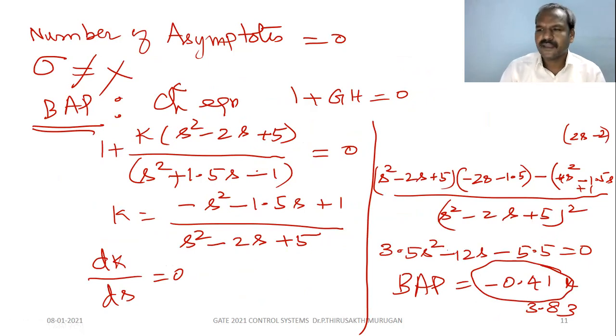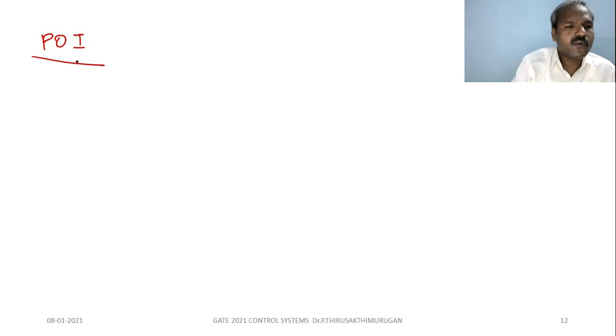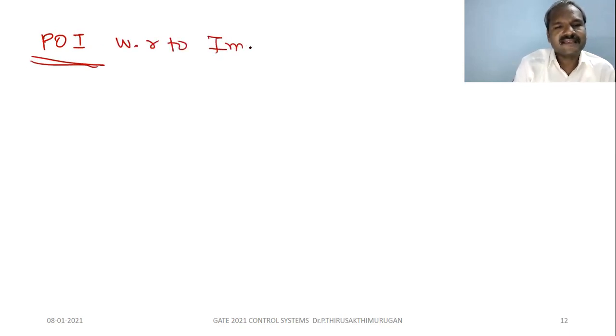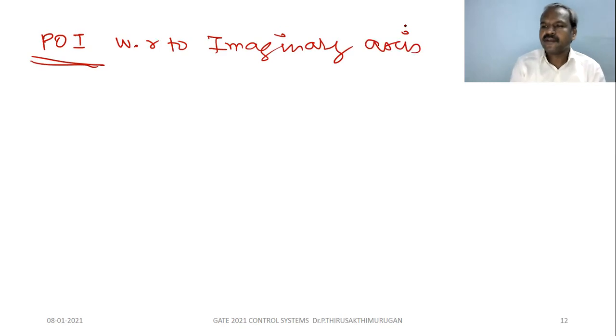Understand? Valid breakaway point. Then the POI, point of intersection. What is the point of intersection with respect to the imaginary axis? Understand? Imaginary axis. From the characteristic equation, let us form the array.